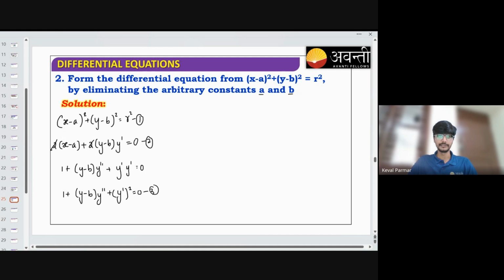Equation number 3. Now is our time to show how well we studied simultaneous linear equations in school. We have to use 1, 2, and 3 and eliminate the arbitrary constants, which are A and B.